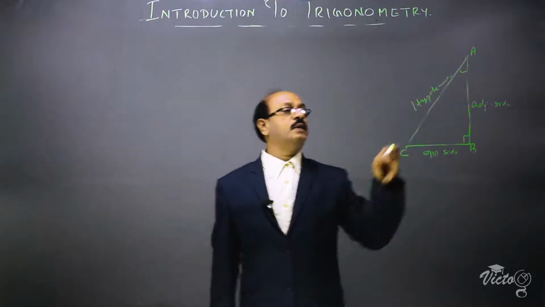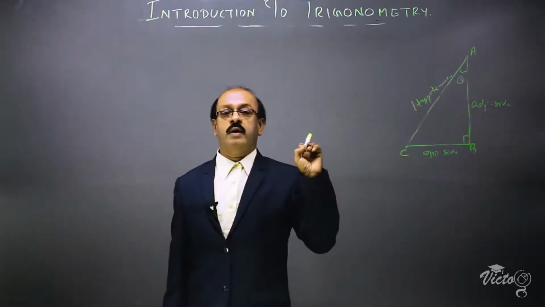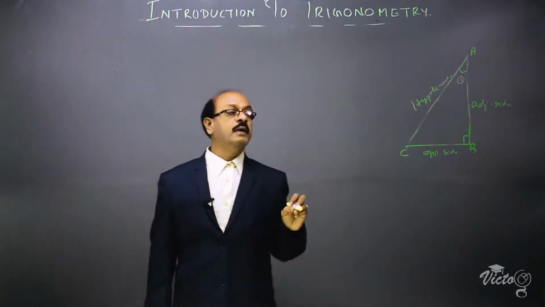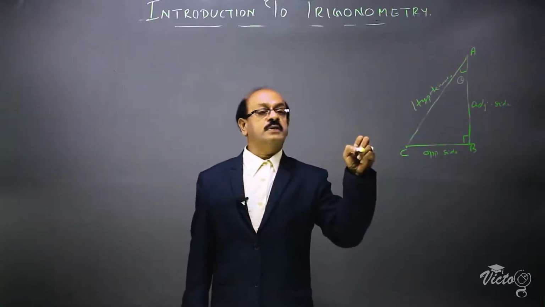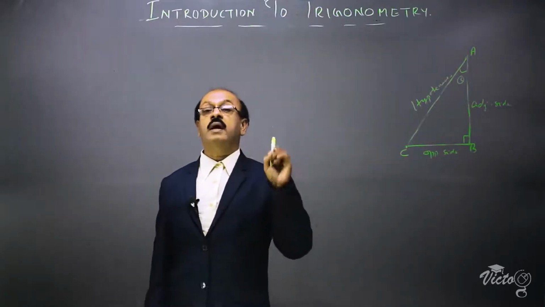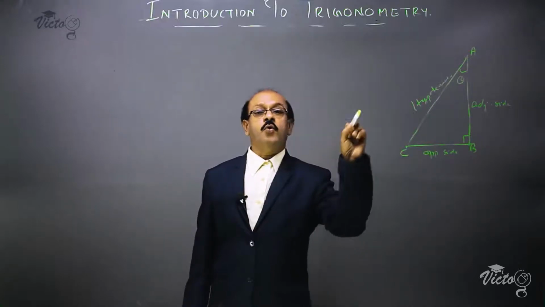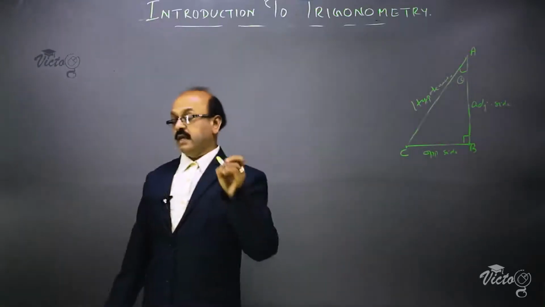If the measure of angle A is equal to theta, then we are dividing the length of the opposite side by the length of the hypotenuse. We are getting a ratio. That ratio is called sine of the angle theta, that means sine theta.